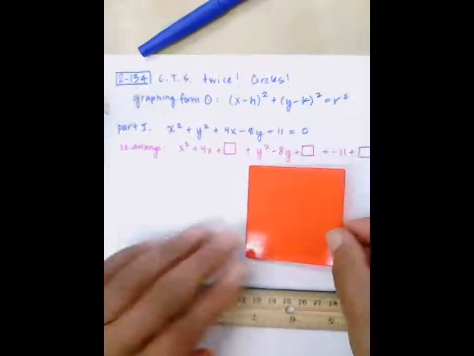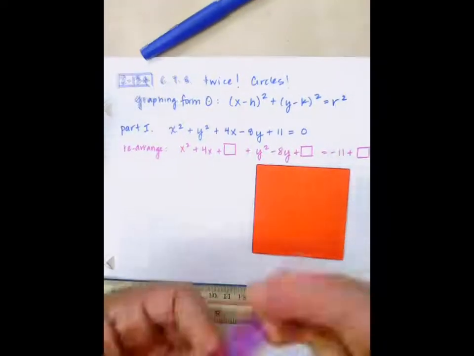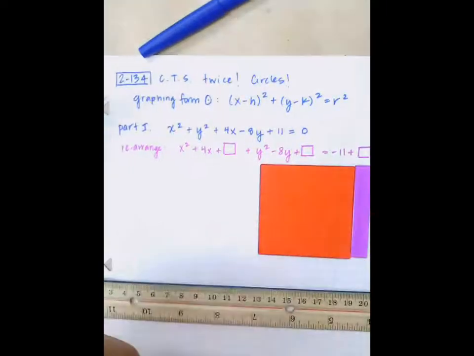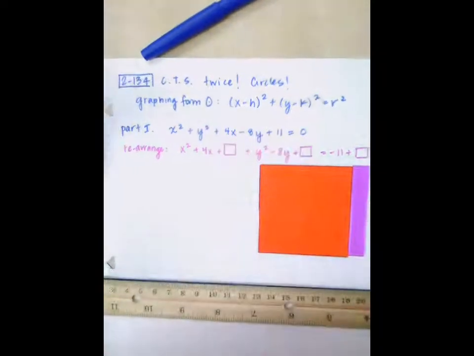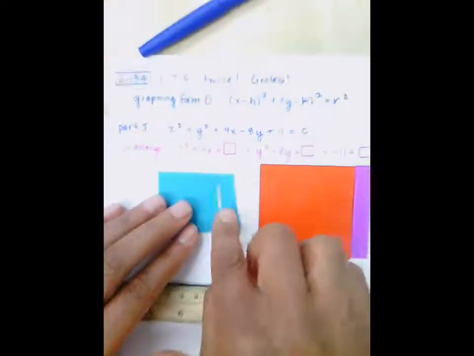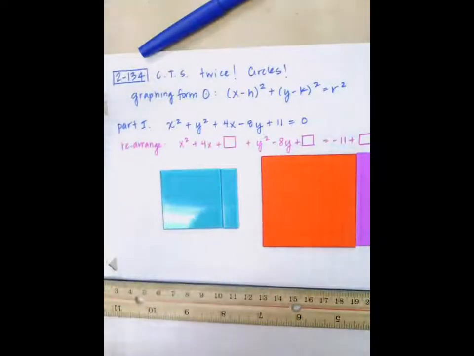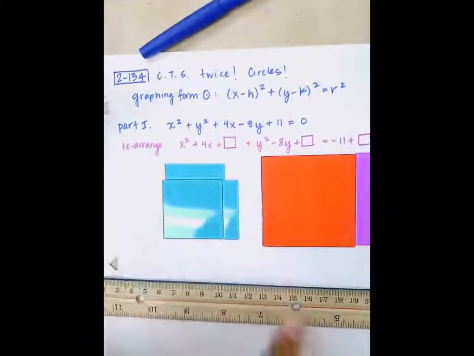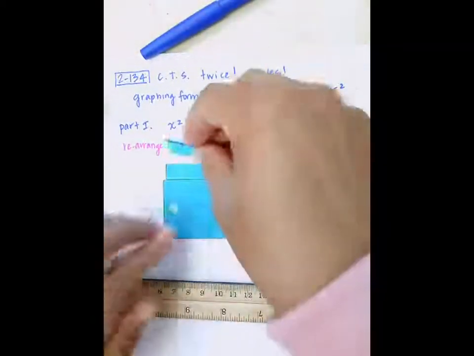So again, we're going to think about rearranging the tiles because the y tiles only align with the y dimensions, just like the x tile and the x squared tile are the only ones whose dimensions align. So when we're thinking about completing the square here, and don't mind that I'm using a red y squared tile, we'll just ignore that.